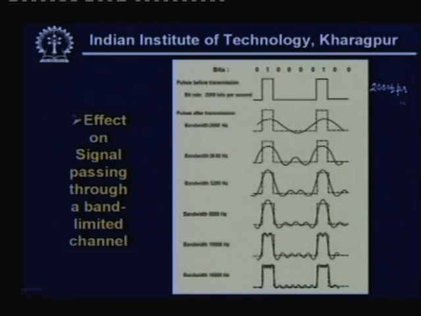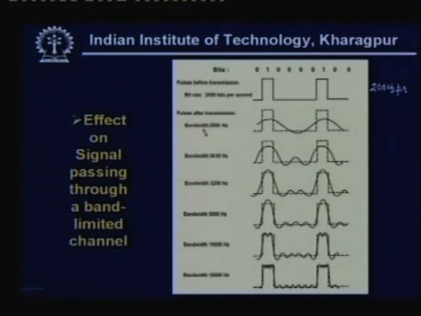So this is the fundamental frequency of the digital signal. Obviously, apart from the 2000 Hz fundamental, it will have various other harmonics like 3000 Hz, 4000 Hz, 5000 Hz, all the frequencies will be present. However, they will be of lower and lower amplitude.